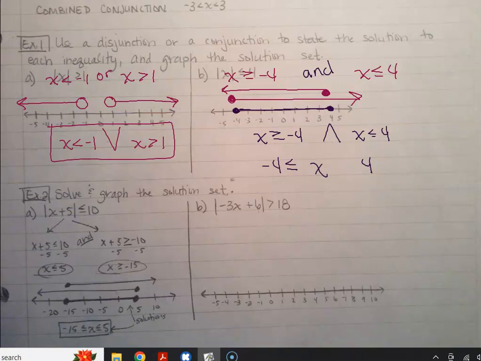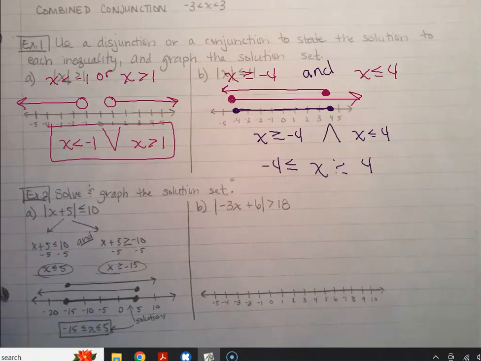Well, I want to write it as a combined conjunction with just the x in the middle. So I've got -4 is less than or equal to x, and do I write a greater than sign here? You flip the sign.